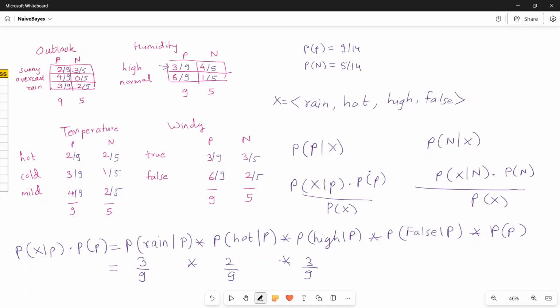And windy being false given p is 6 by 9, from the table. And finally probability of p, because there are 9 p's out of 14, is 9 by 14.